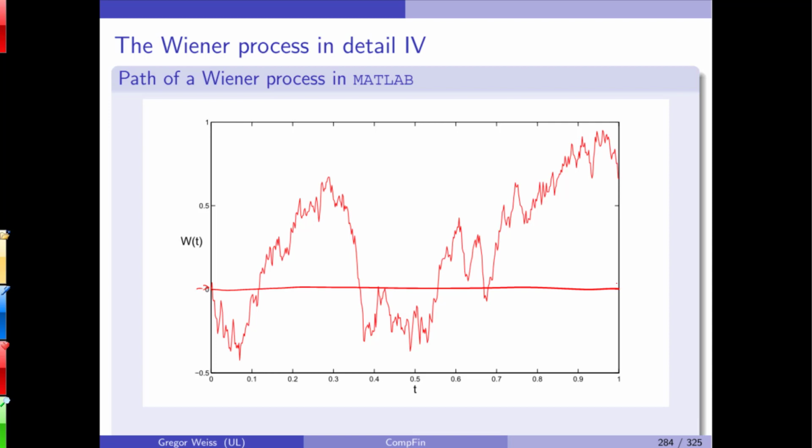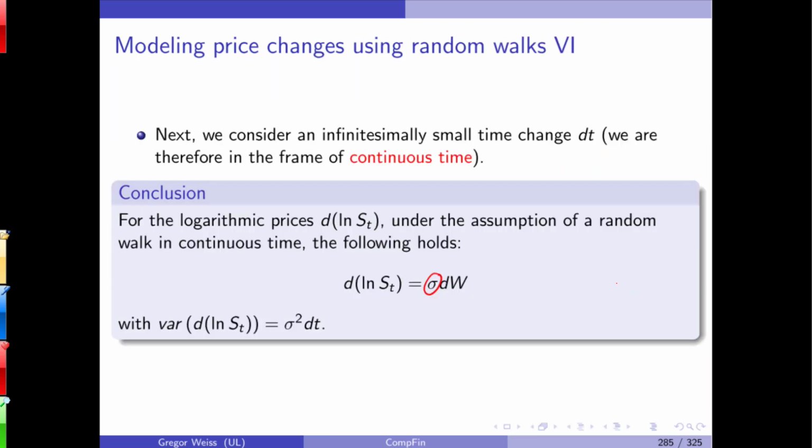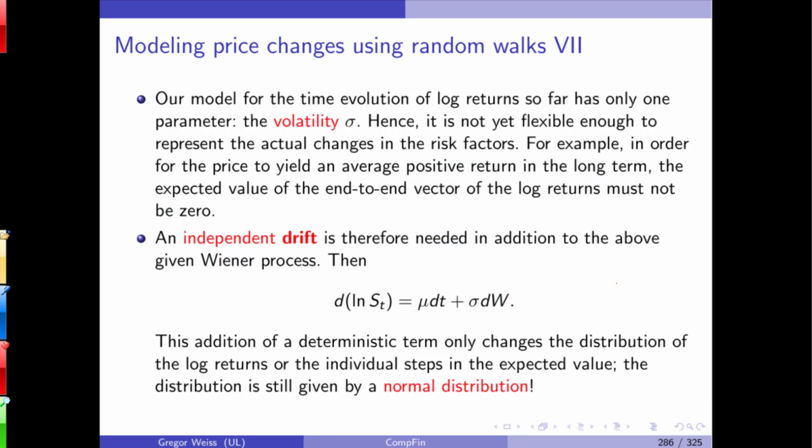There should be some kind of a drift, that stock prices go a little bit up, they go a little bit down, and they have some variance. So we need to mix in a drift. And this is done here. We take the Wiener process and we include mu dt. This is deterministic.